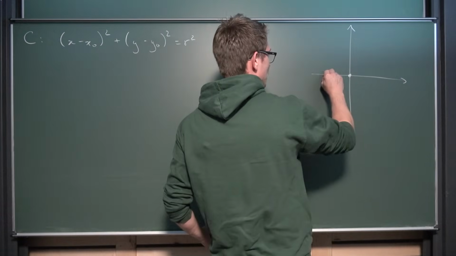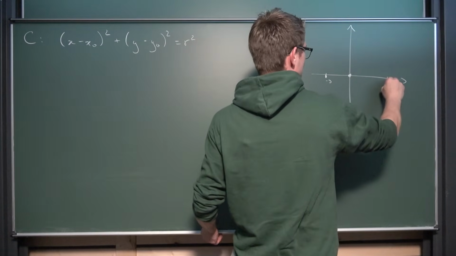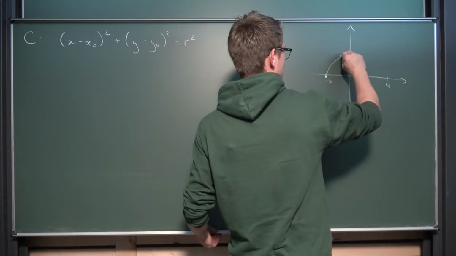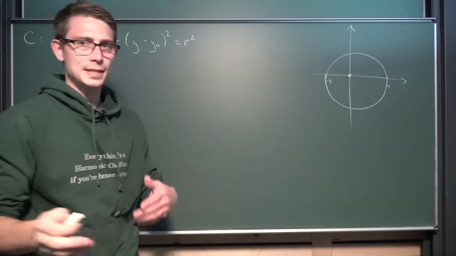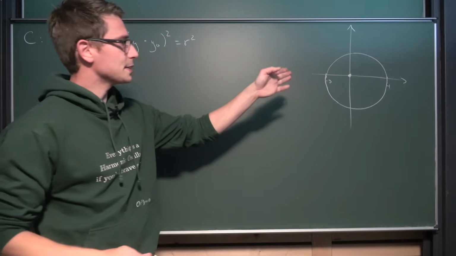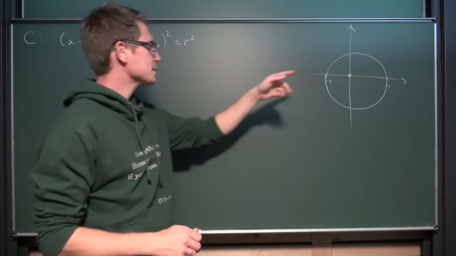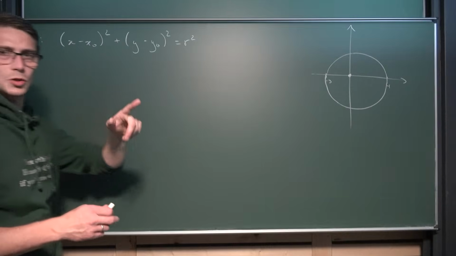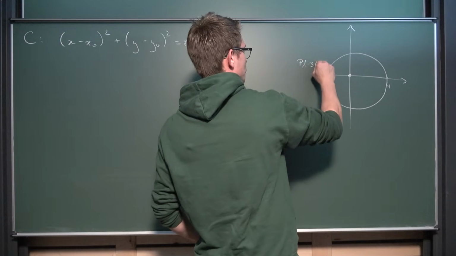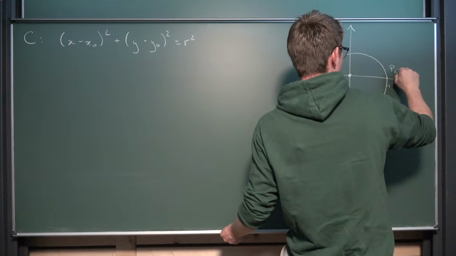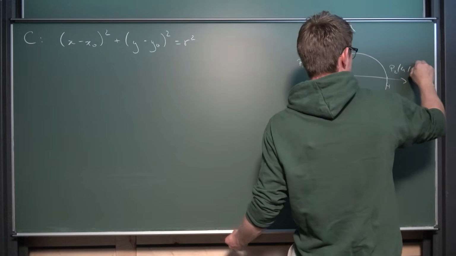And basically we have -3 here and 4 here, and this is going to be our circle in some kind of way. So our circle is obviously not centered at the origin, but this makes it actually very nice to put into this equation because we have 2 points given. The point P1 is given by -3 and 0, and the point P2 would be given by 4 and 0.